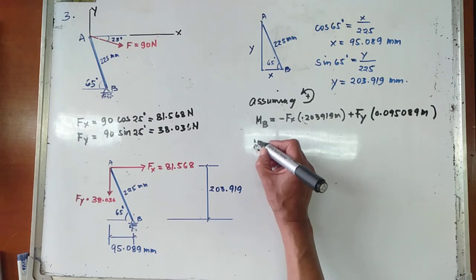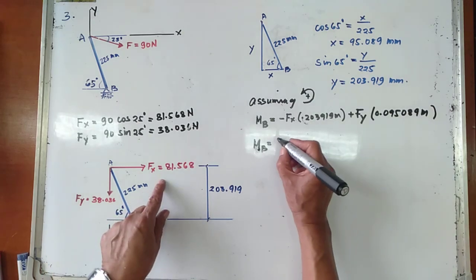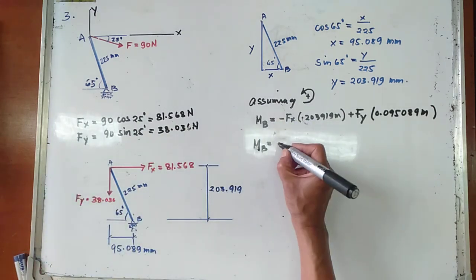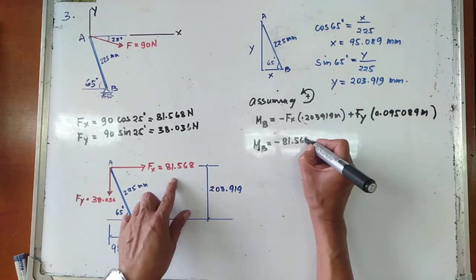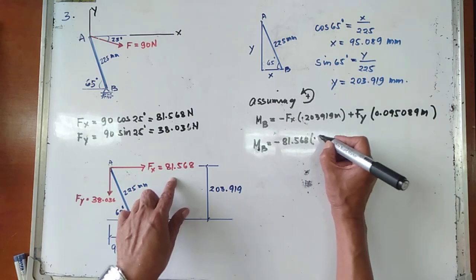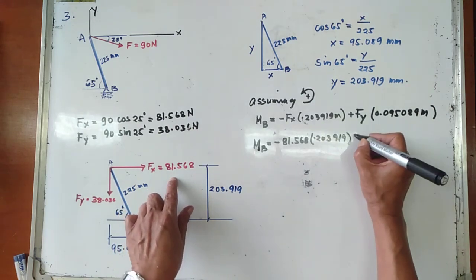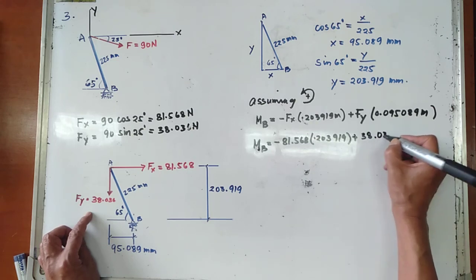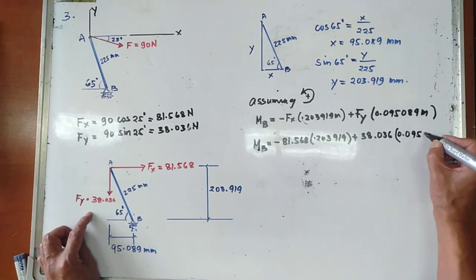So we now have the moment of the first F about point B equal to minus 81.568 by 0.203919 meters, plus Fy, which is 38.036 newtons by 0.095089 meters.